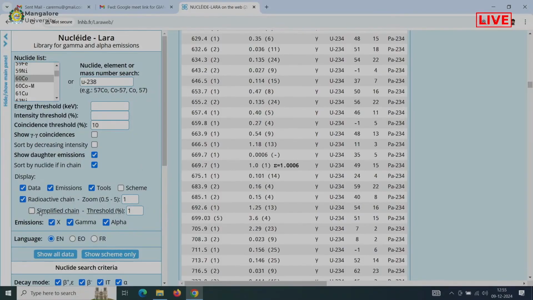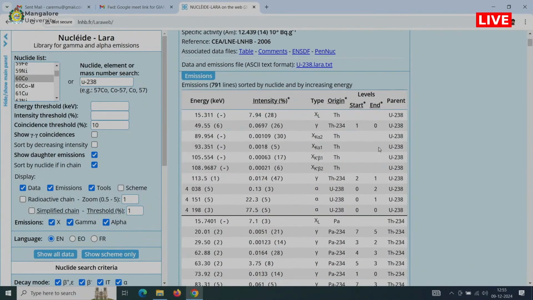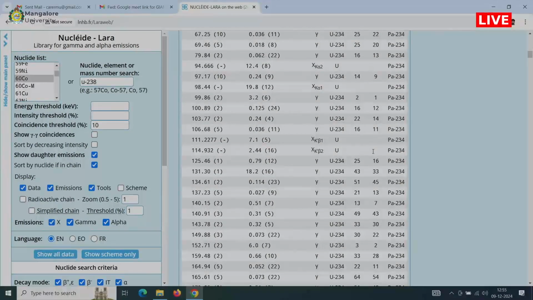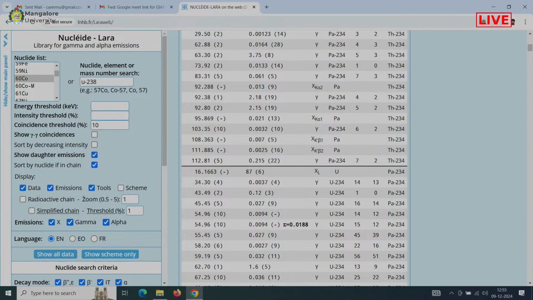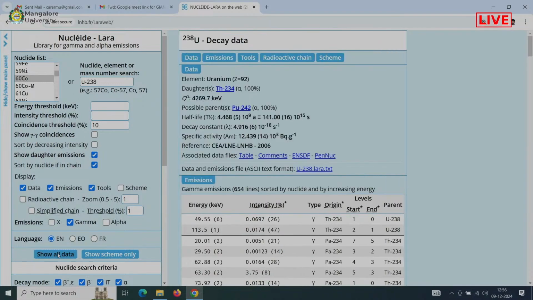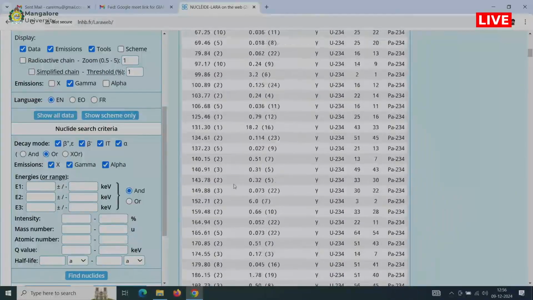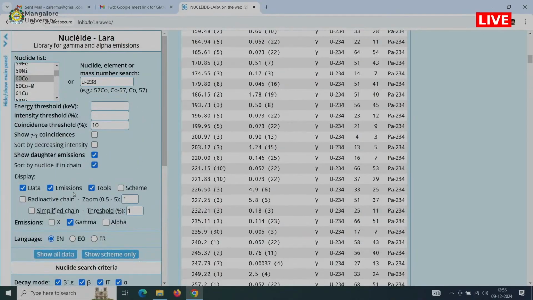I will cancel this radioactive chain, so all data, again, now there should be only, not only uranium, let's see, emissions, I select only gamma emissions. What happens now? Why is it showing daughter nuclides?